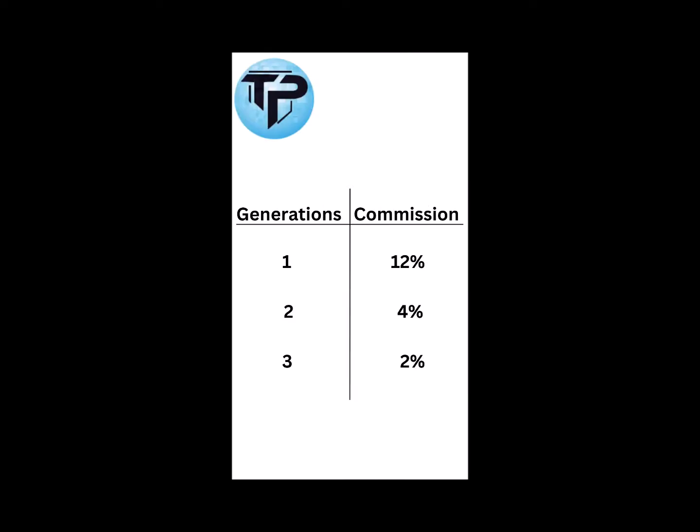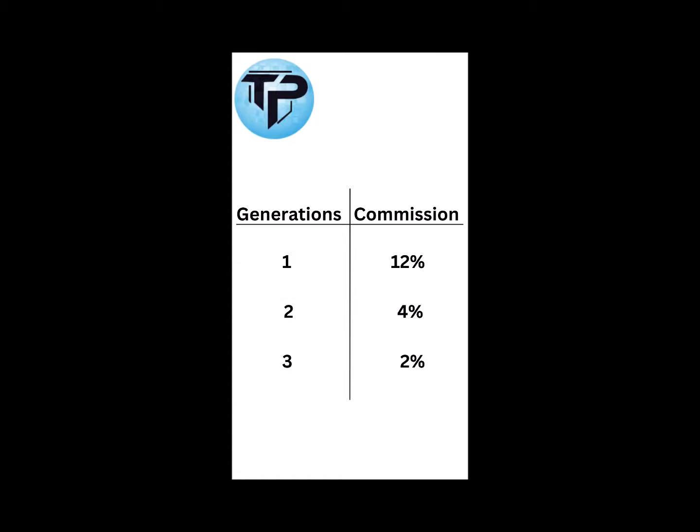Now, when the people you've introduced get trading and doing their own trades, the people that you have directly introduced, you will get 12% of what they earn. So if, for example, you've introduced somebody, they've got up to the top of level 1 and they're making $375 a month, then you get 12% of that, of 375.